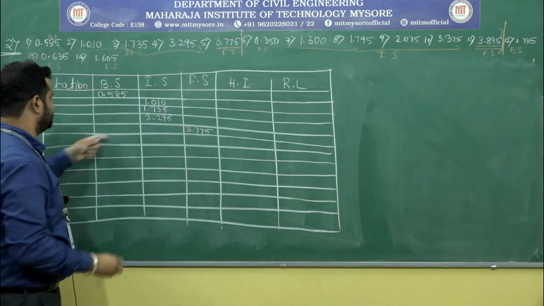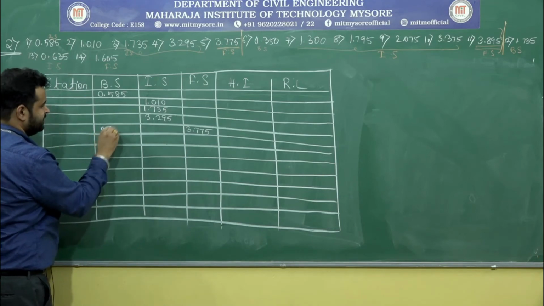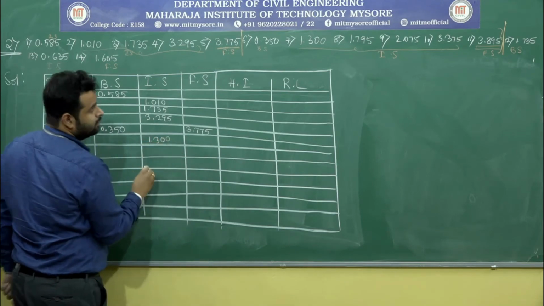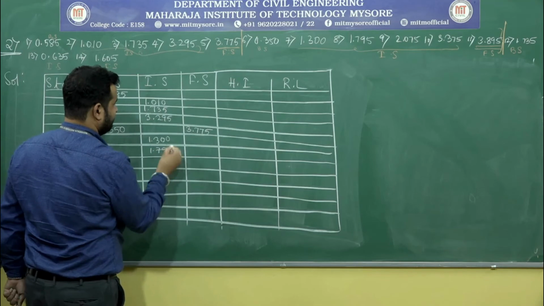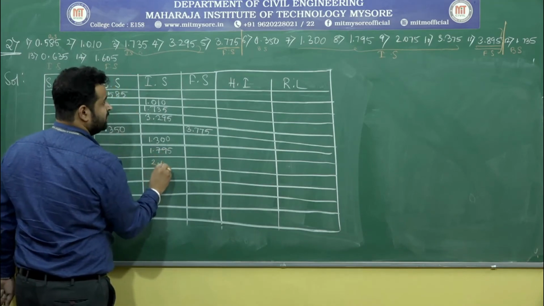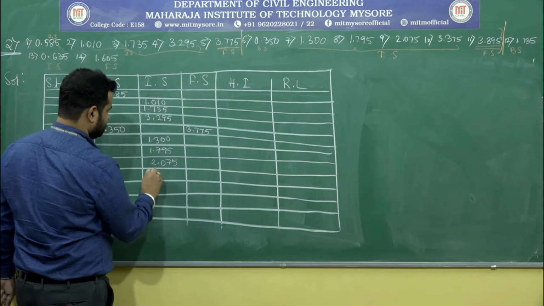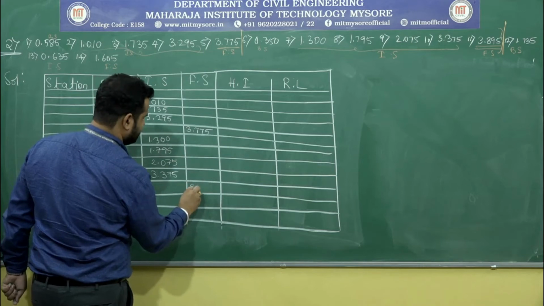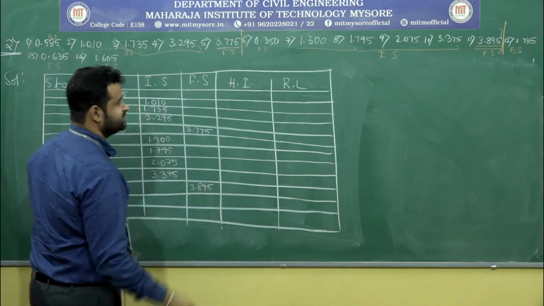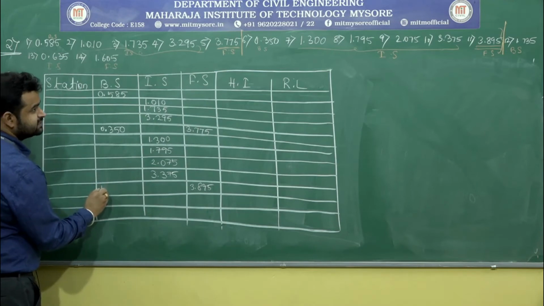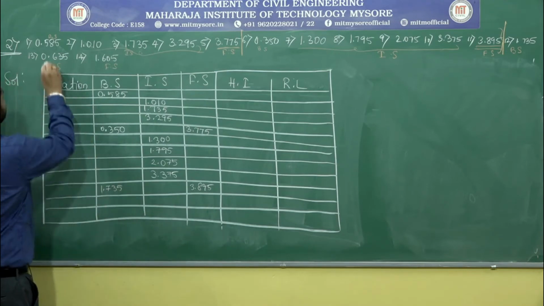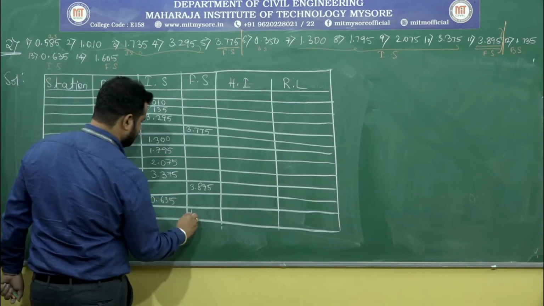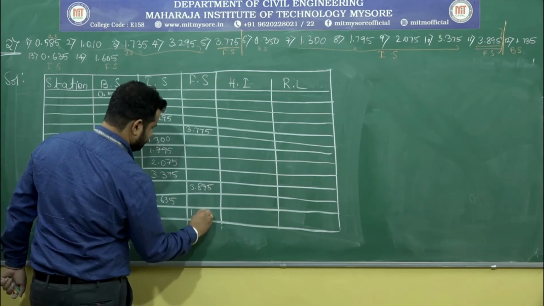Next, in the same line you should enter backside, which is 0.350, next 1.300, 1.795, 2.075, 3.375 and you should write the last reading here under FS, and in the same line write BS, which is 1.735, next reading will be IS 0.635 and last reading is 1.605.